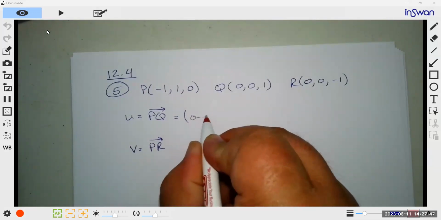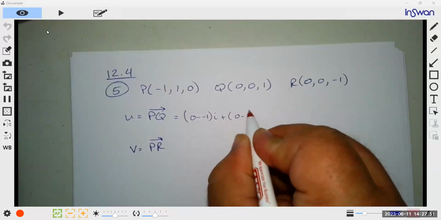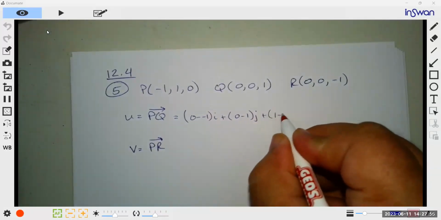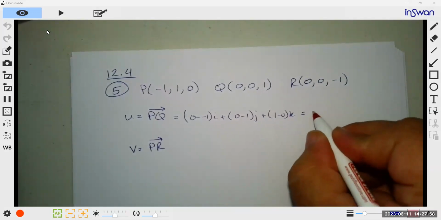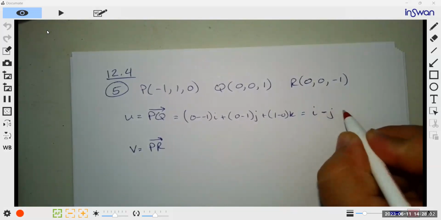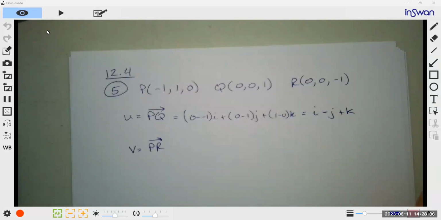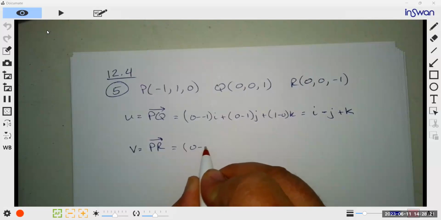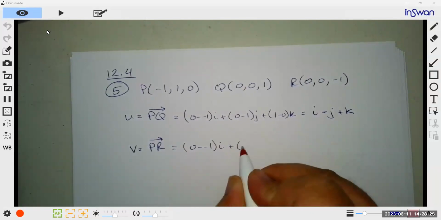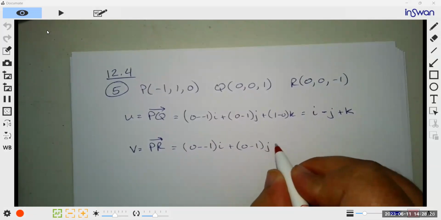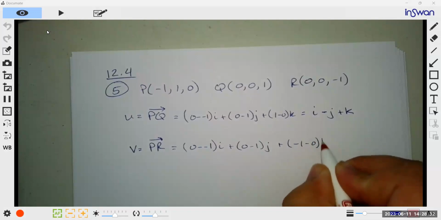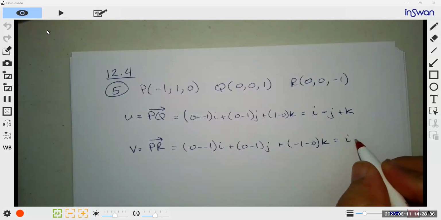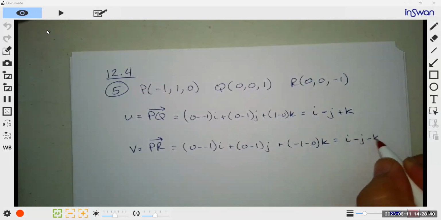So the first part is 0 minus negative 1I, 0 minus 1J, 1 minus 0K, which makes it positive I minus J plus K. Same thing with PR. 0 minus negative 1, I. 0 minus 1, J. Negative 1 minus 0, K. Makes it positive I, negative J, negative K.